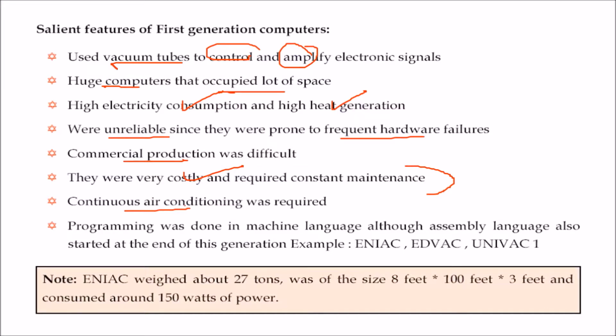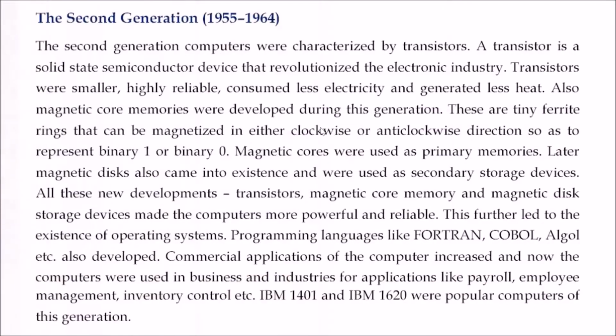Air conditioning was required. The programming was done in machine language. By the end of this generation, assembly language had also come. ENIAC, EDVAC, UNIVAC 1, these are all first generation computers. In fact, ENIAC weighed 27 tons. The size was 8 by 100 by 3 feet and it consumed around 150 watts of power.